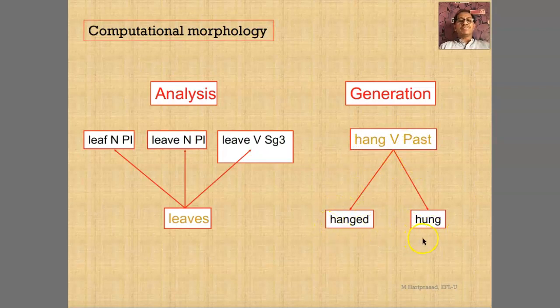In fact, both of them mean the same. That is, the word hang as an irregular verb can have hung. We can also have hang as a regular verb taking ed as the past tense morpheme. That means there are 2 surface forms for the same word.